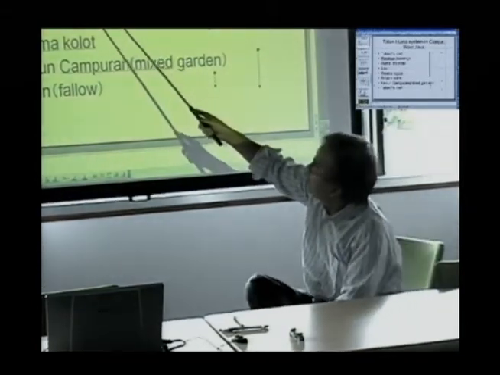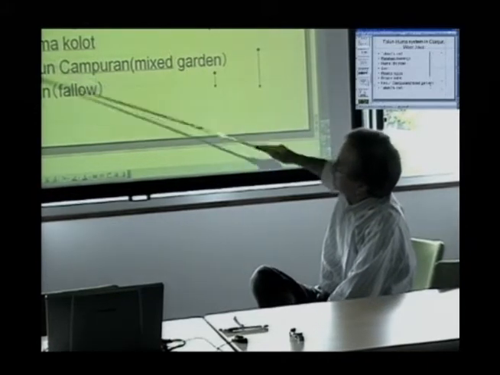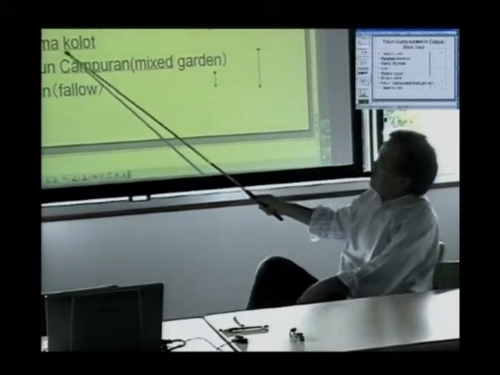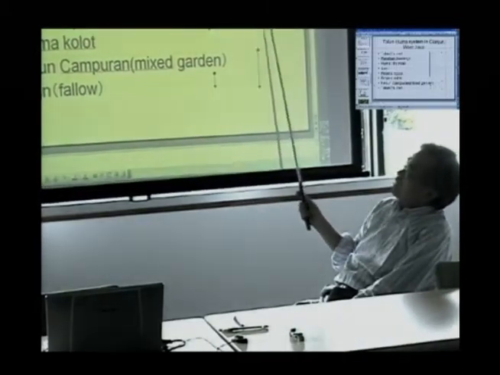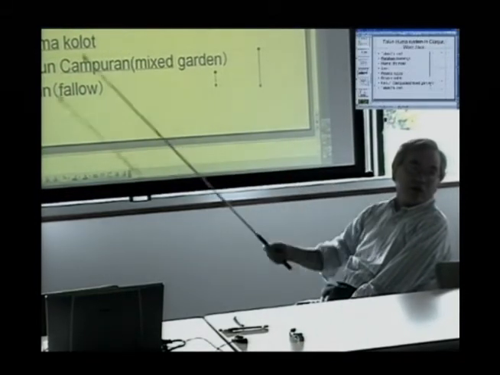People cultivate one place and follow the stage, and when people cultivate at another plot, they practice the kuma like that.